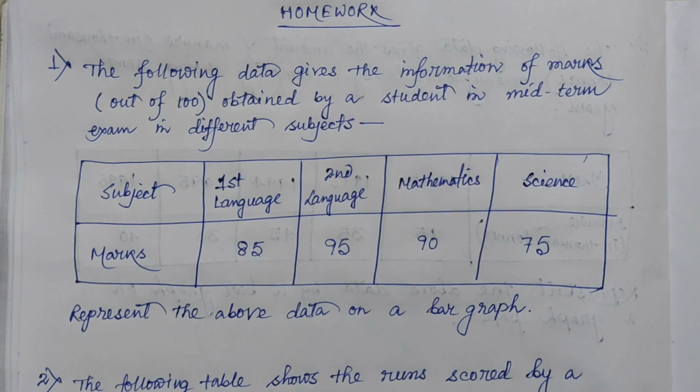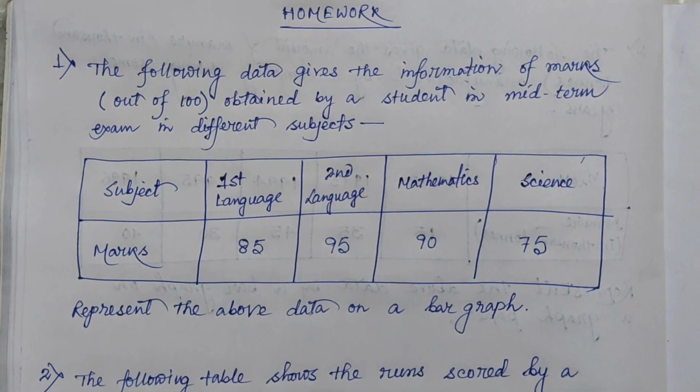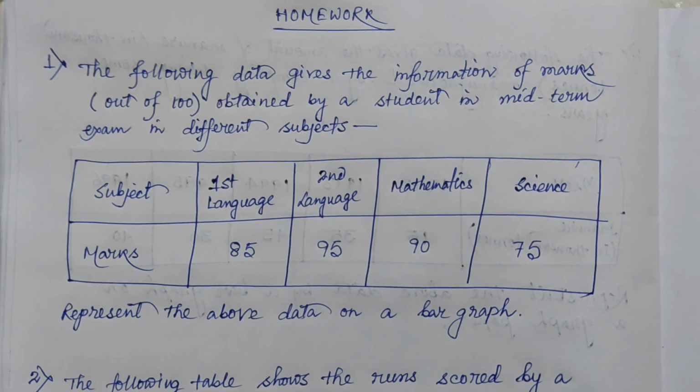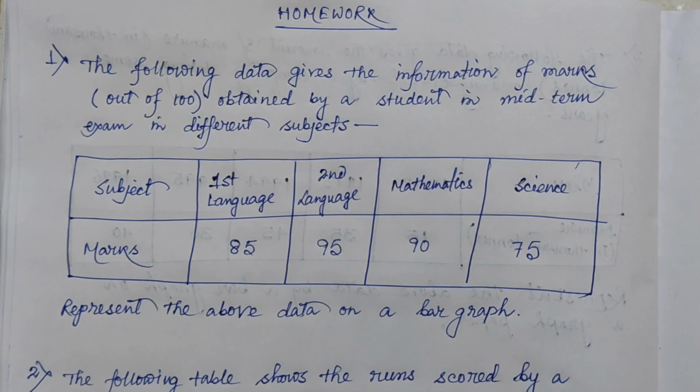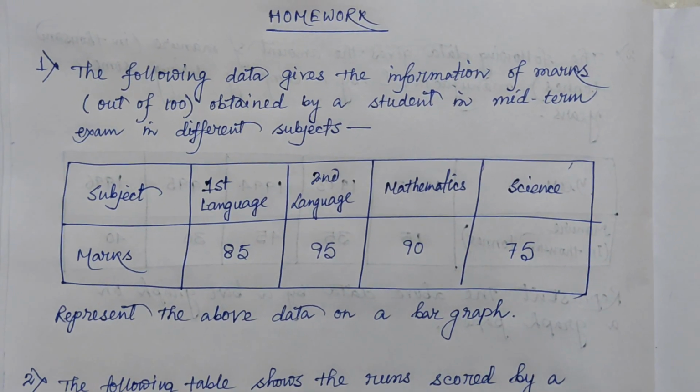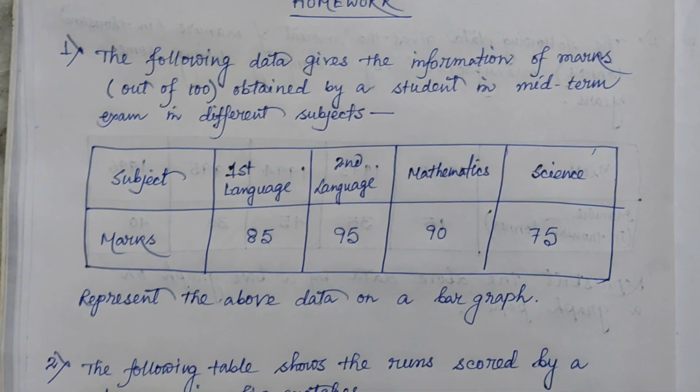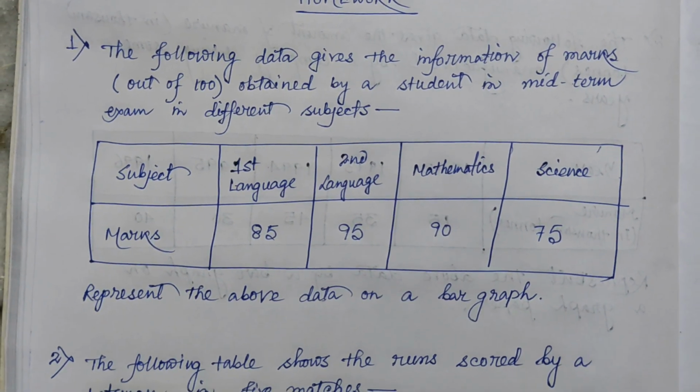You can see here subjects are first language marks 85, second language 95, mathematics 90, science 75. Represent the above data on a bar graph.